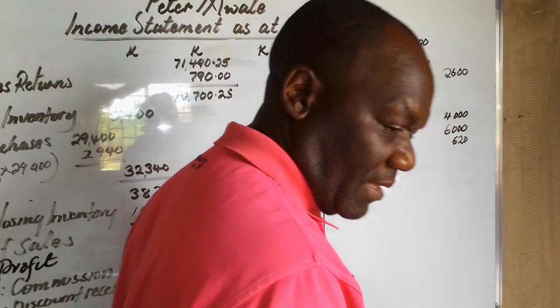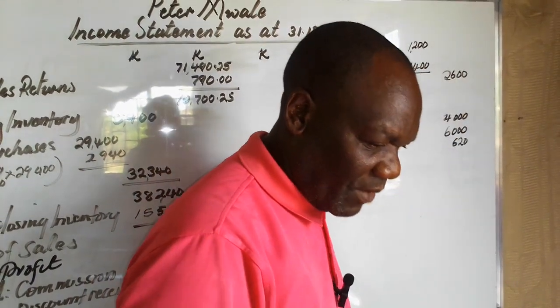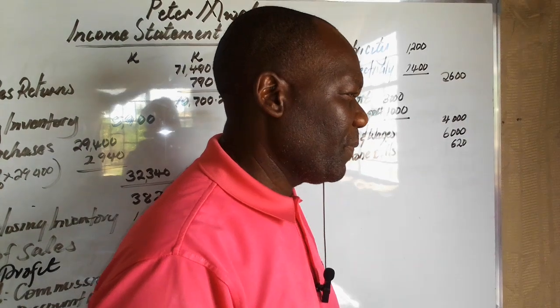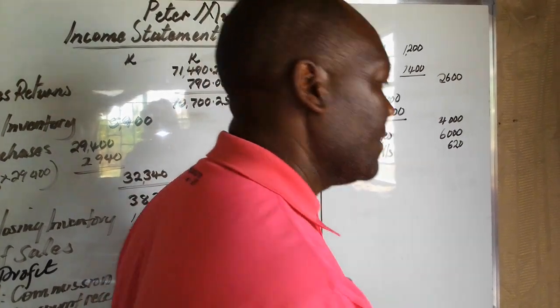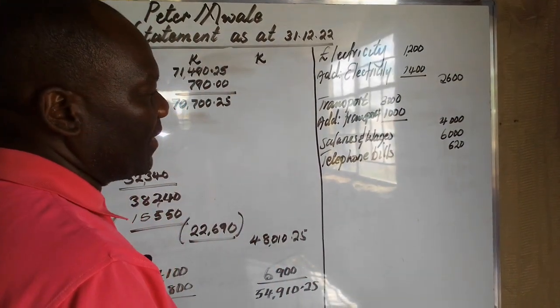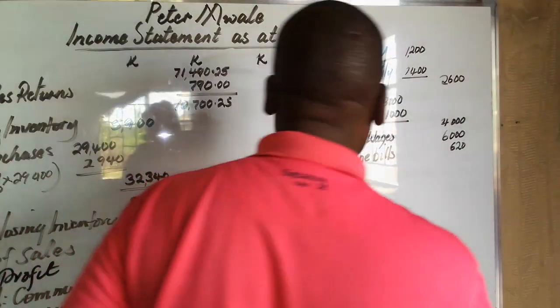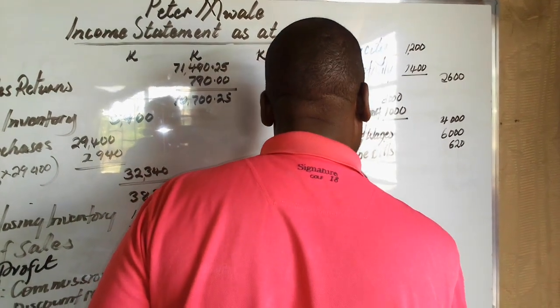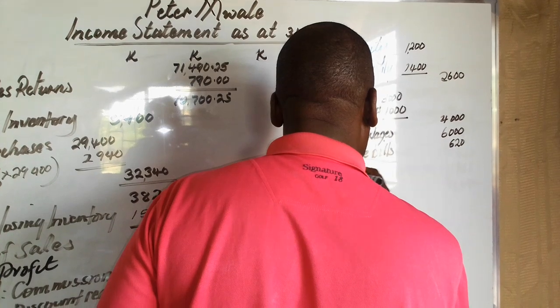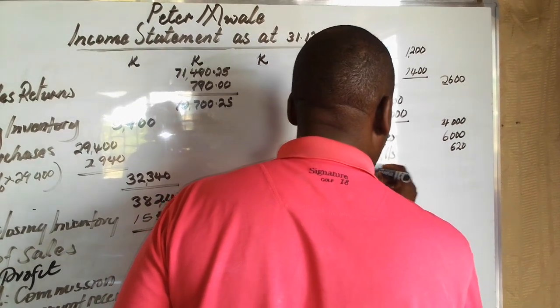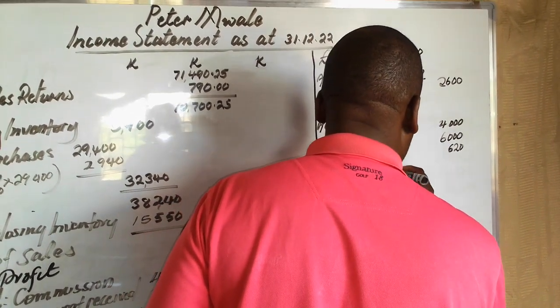Then the other figure that we have not worked on is the discount allowed. We allowed a discount. So discount allowed is an expense.